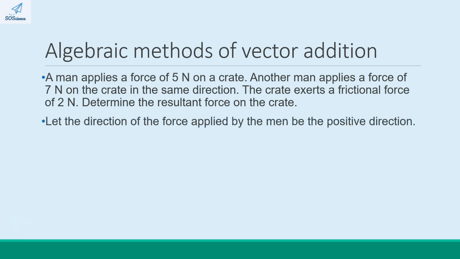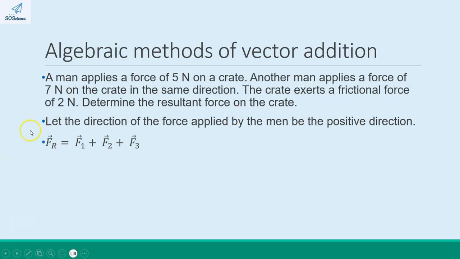So it makes sense to just say, let the direction of the force applied by the men be the positive direction. Alternatively, you can say, let the direction of the frictional force be the positive direction. So in this case, the 5 newtons and the 7 newtons are going to be positive values, and the 2 newtons is going to be negative.